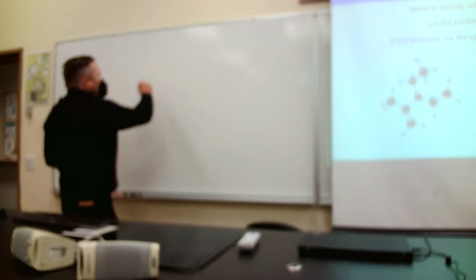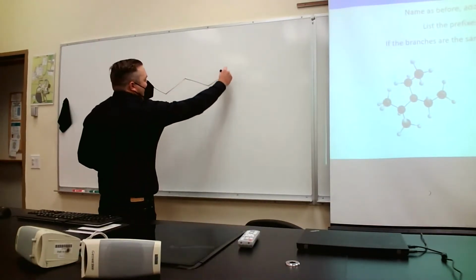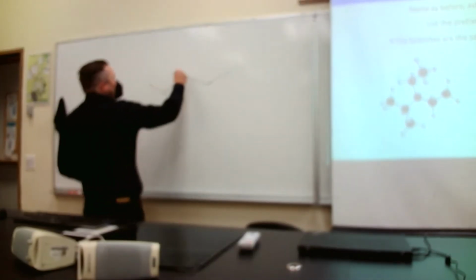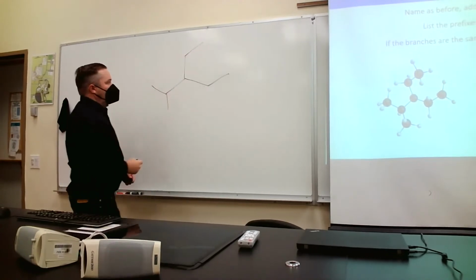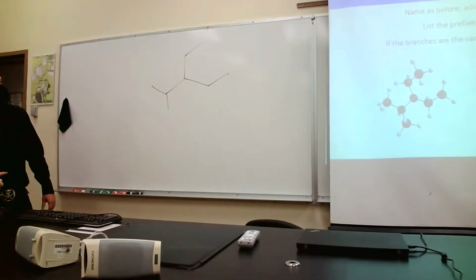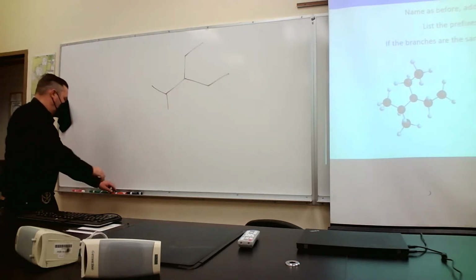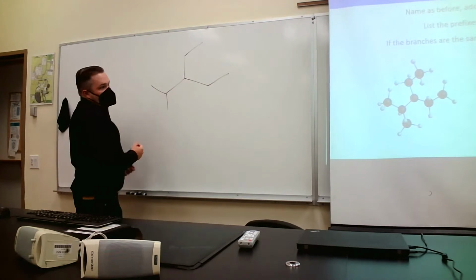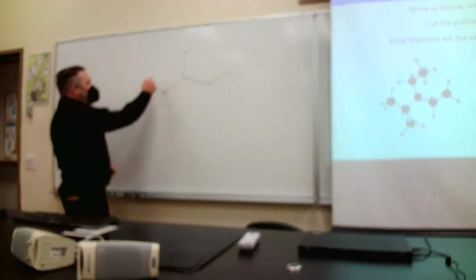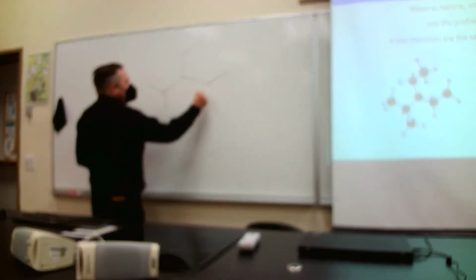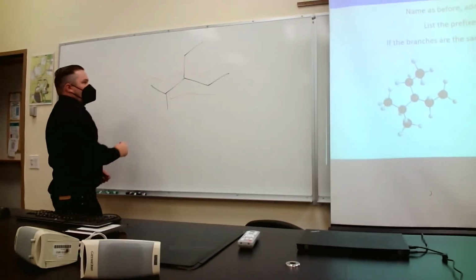If I draw it as a skeletal structure and keep everything more or less in the same place, it doesn't matter where you start and end, the longest continuous carbon chain you could get is 5. So we might as well just go left to right.